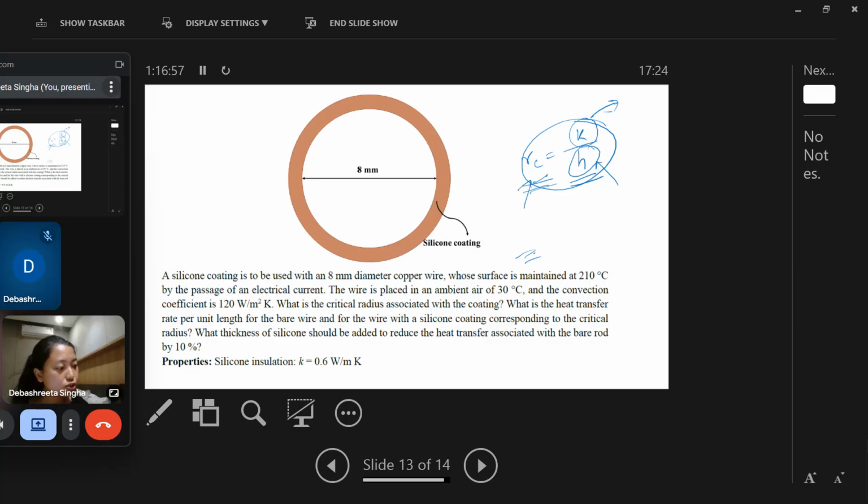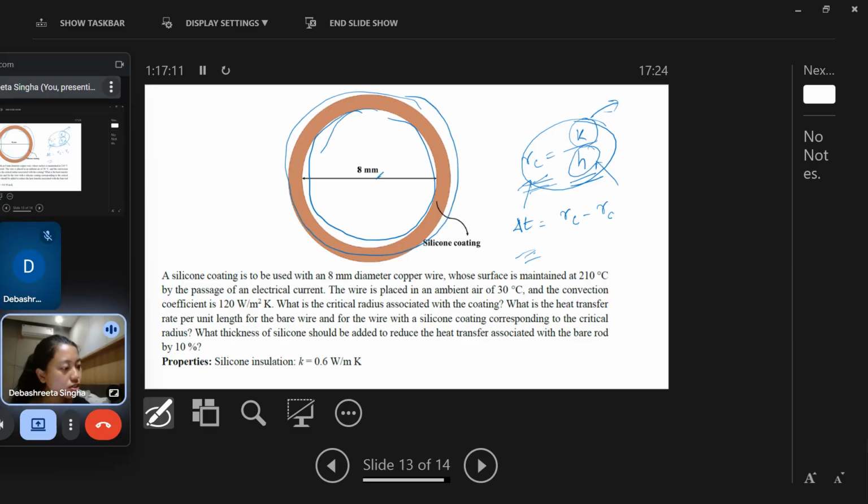For finding out the thickness, you have to find RC minus whatever is the radius. If this is the radius of the pipe R and this is the radius of the insulation RC, then the thickness will be RC minus R. And in engineering problems, silly mistakes are mainly made in the units.